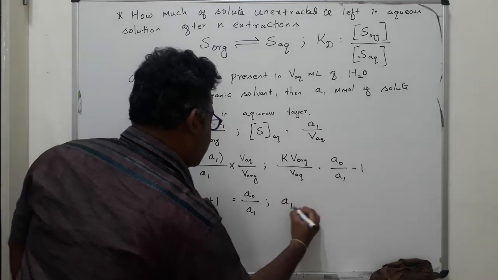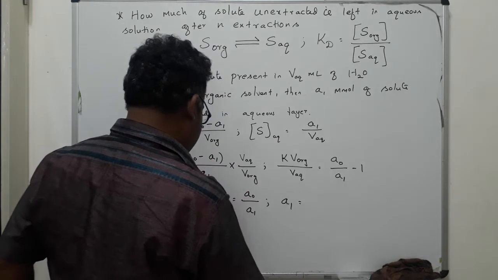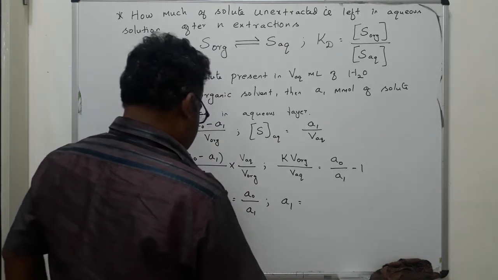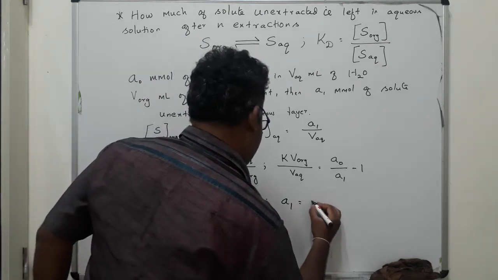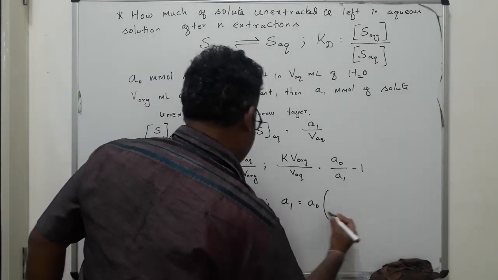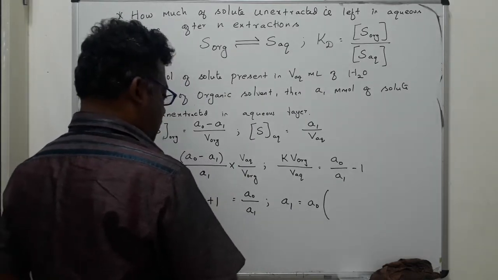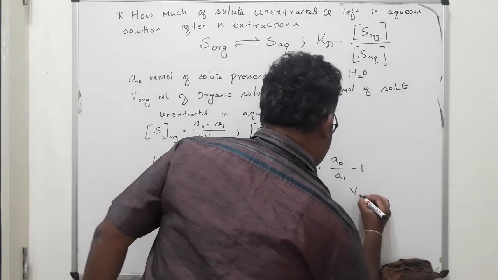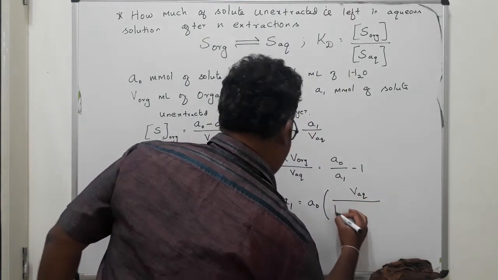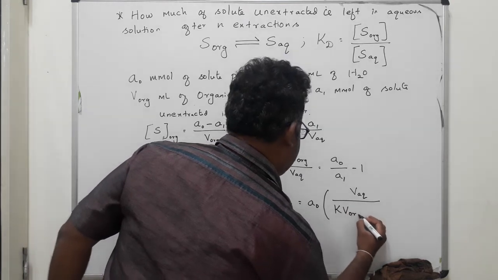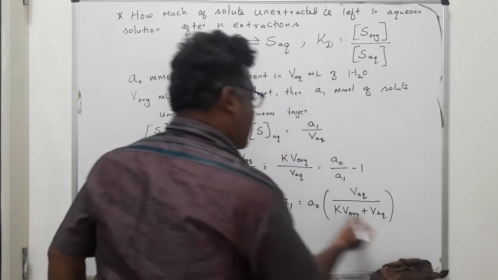So A1 is equal to A0 into V aqueous divided by K V organic layer plus V aqueous. Okay, this is the equation.